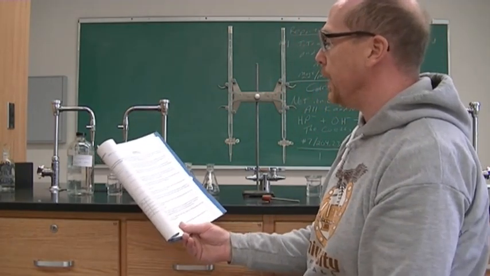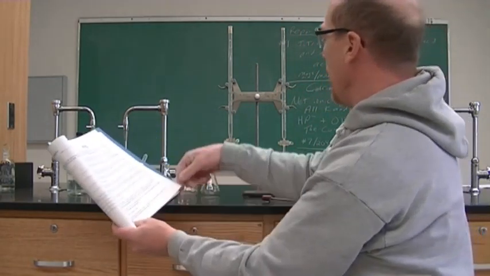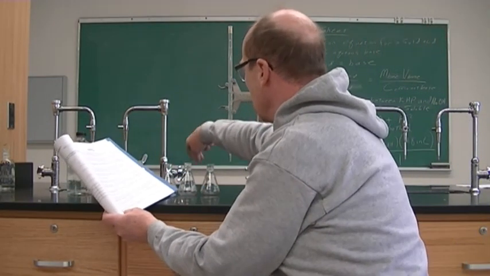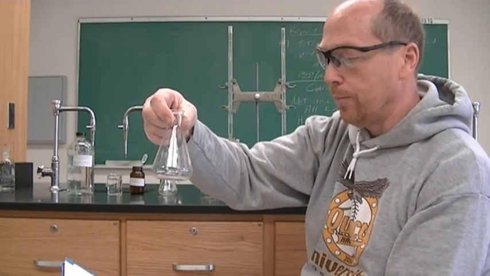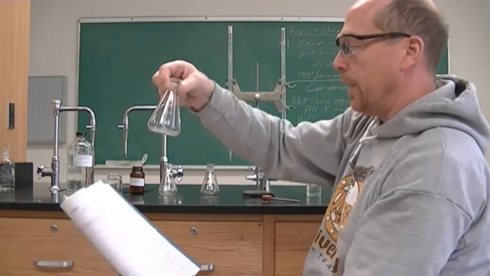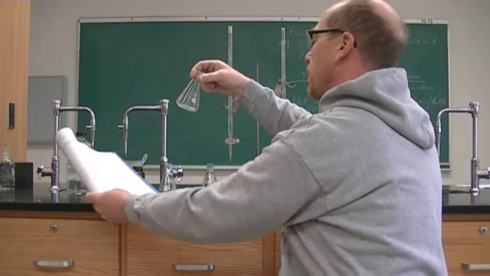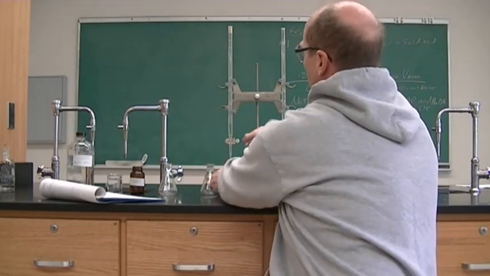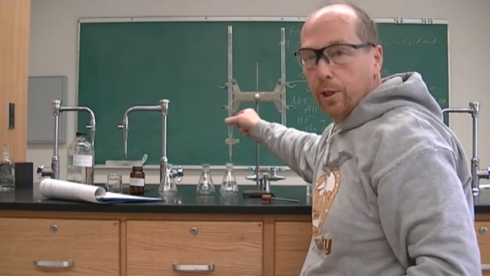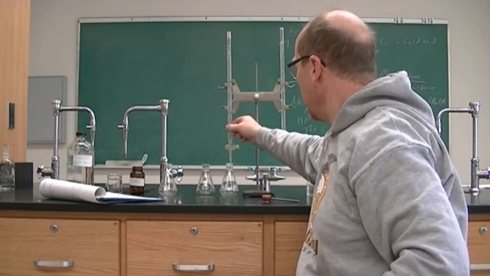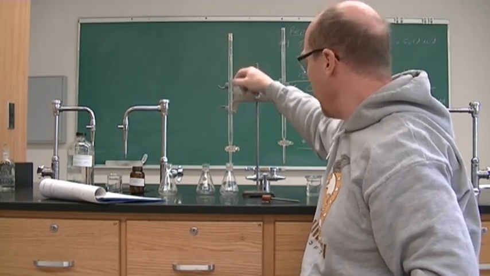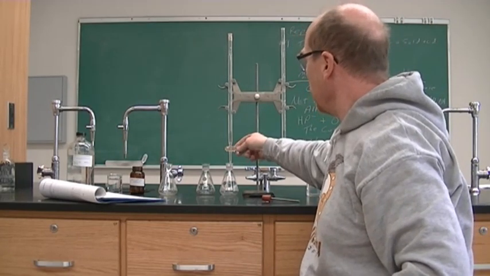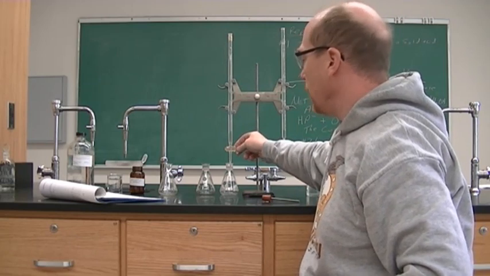Deliver 20 to 25 mils of HCl into a clean, but maybe wet, Erlenmeyer flask. So I have my 125 mil Erlenmeyer flask, and I'm going to put in some acid. So when I'm going to put in the acid, it's underneath the stopcock here. I'm starting at, again, 0.15 for my HCl.